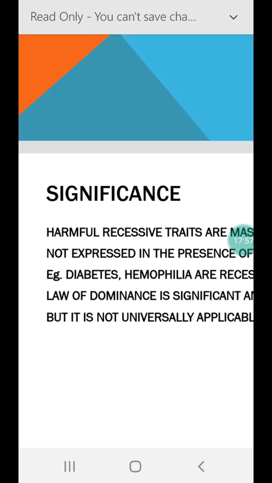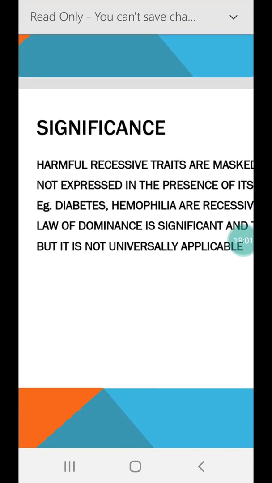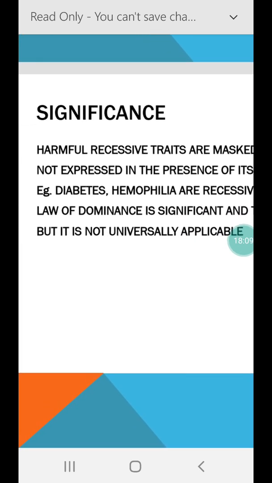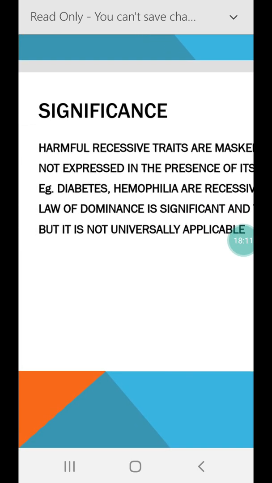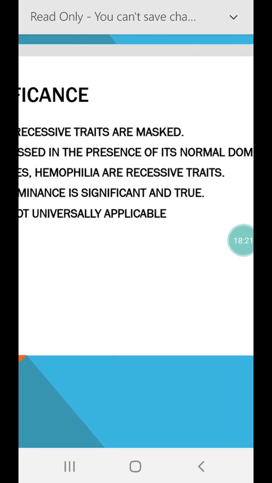Just now I have said the significance of the monohybrid cross, or you can say the law of dominance, is that the harmful recessive traits are masked by the dominant characters. Diabetes is one example, hemophilia too; these are recessive traits.